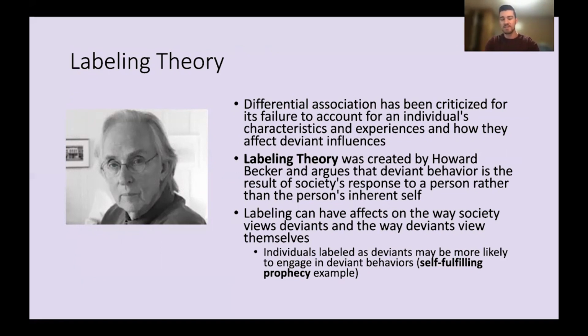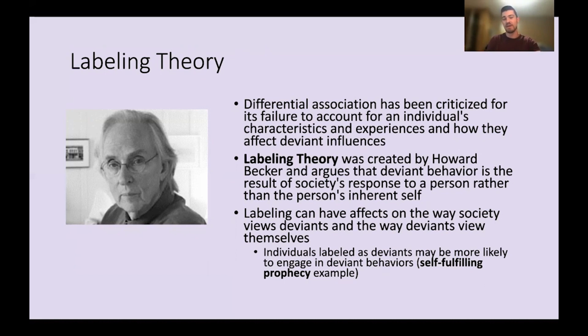Individuals labeled as deviants may be more likely to engage in deviant behavior. This is an example of a self-fulfilling prophecy. When we have these stereotypes, and we tell someone that's part of a stereotyped group that they're expected to behave in a certain way, they are much more likely to actually behave that way. That's what the self-fulfilling prophecy is.